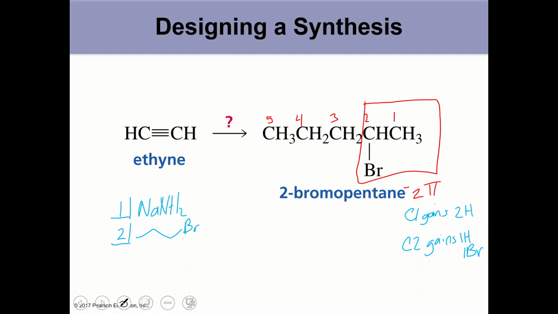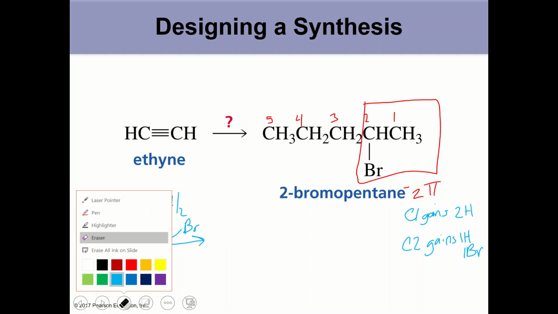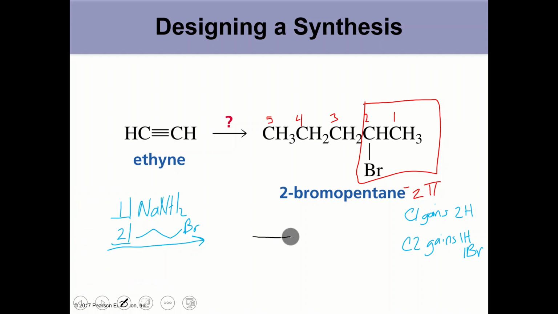And that will give me the 5-carbon alkyne. 1, 2, 3, 4, 5. Okay, so we have our 5-carbon alkyne.